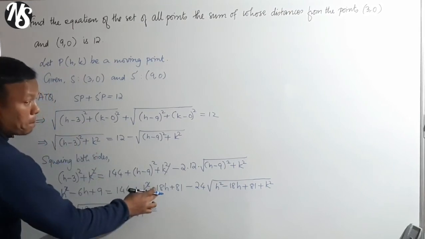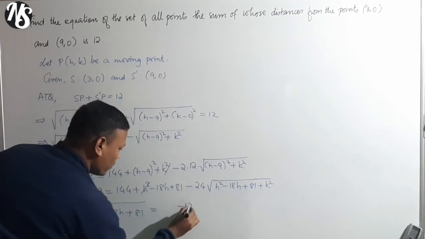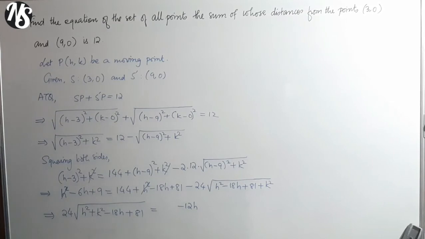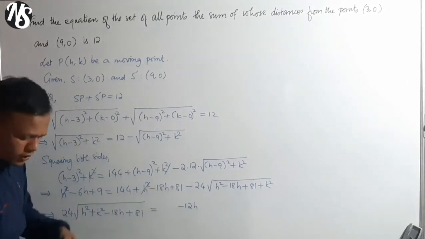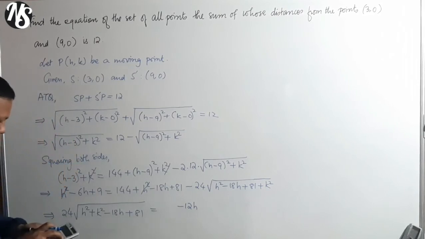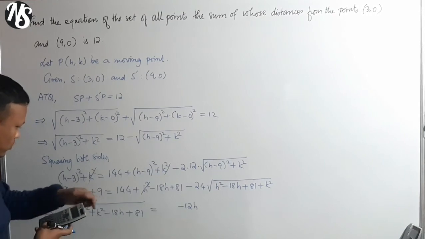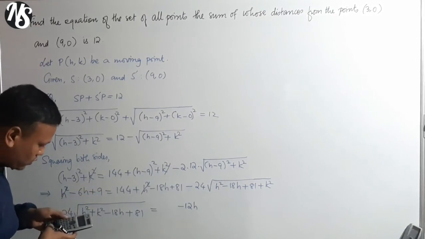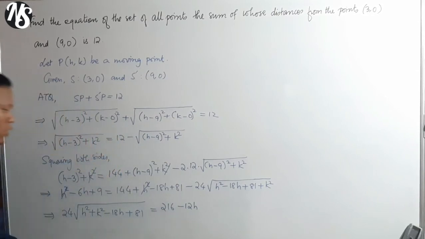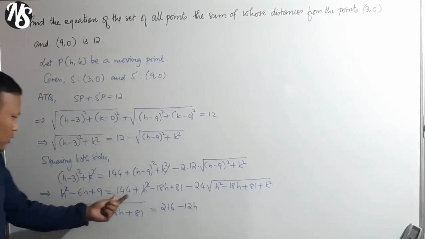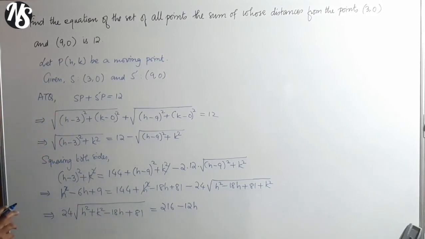So 18 minus 6 is 12, and we get minus 12h. Fine. We have 144 plus 81, and the 9 goes over there and becomes minus 9, so you'll get 216 out here. Is there anything else left? No, so we get only this much.